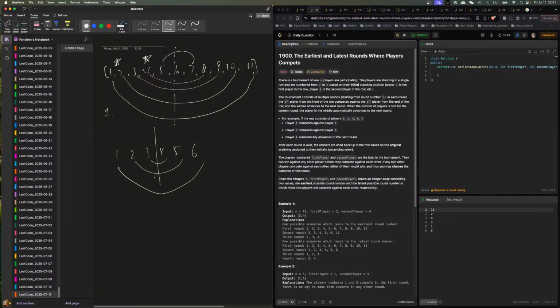So we need to maintain them to be on both sides, which means we need to have, well, I mean 2 and 4, so 2 will win, 4 will win, so we only have one match left, which means it doesn't really matter. Yeah, because 2 and 4 are on both sides, right?